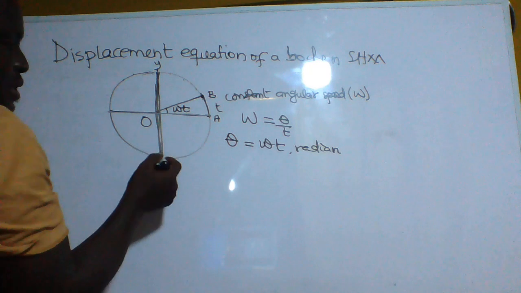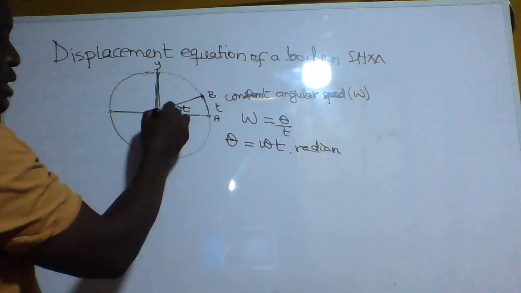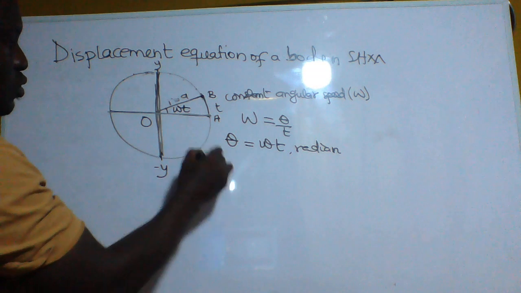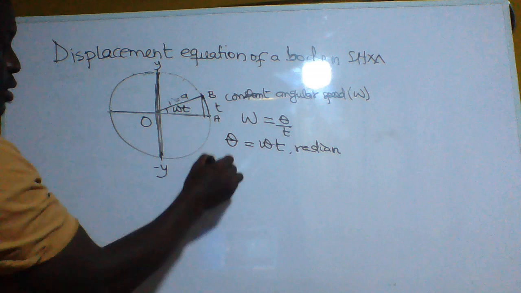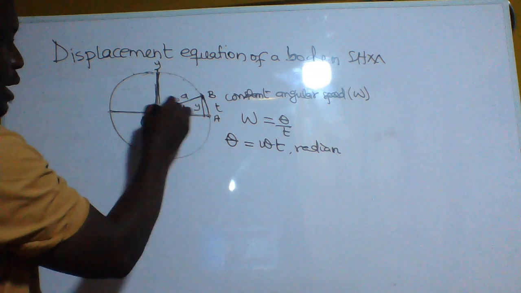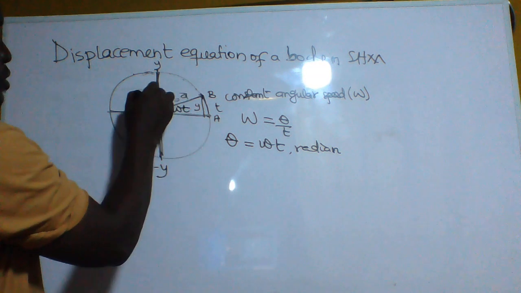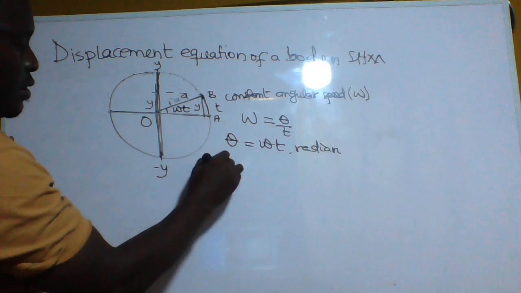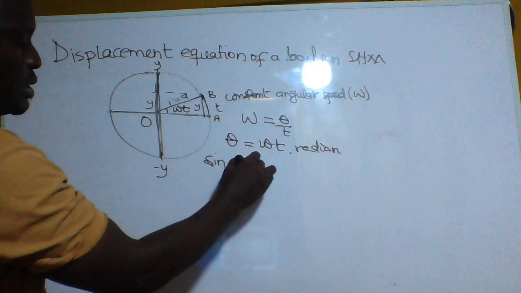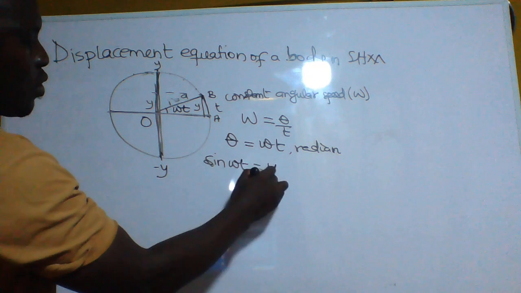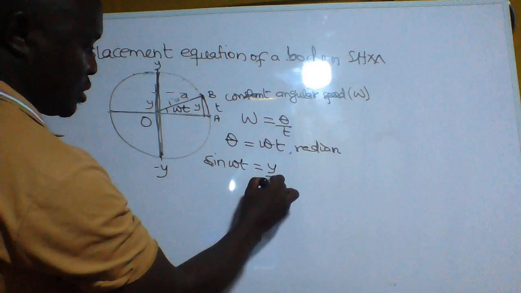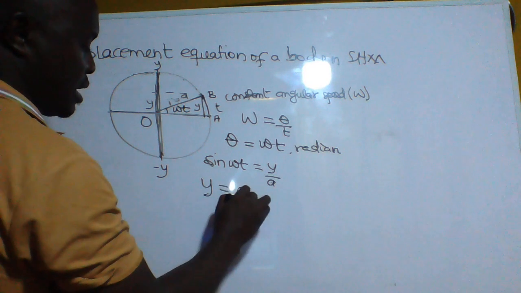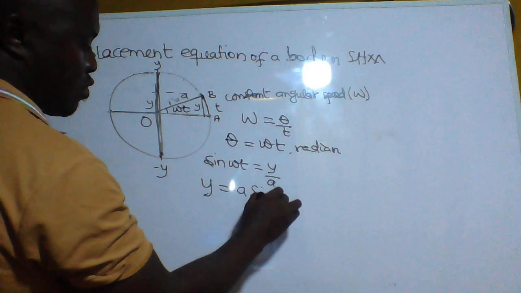At any time t, if we project it to this point y, we saw that sine of the angular displacement is equal to y on the amplitude. Therefore, y is equal to a sine omega t.